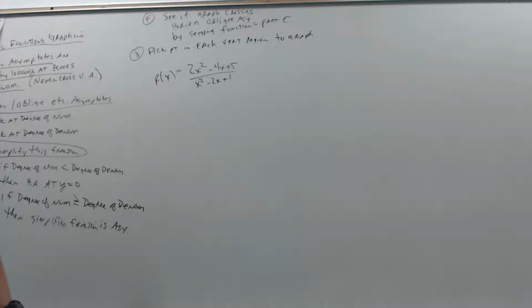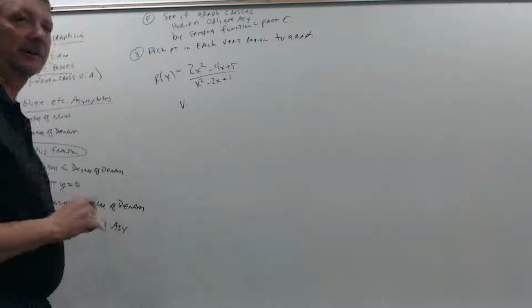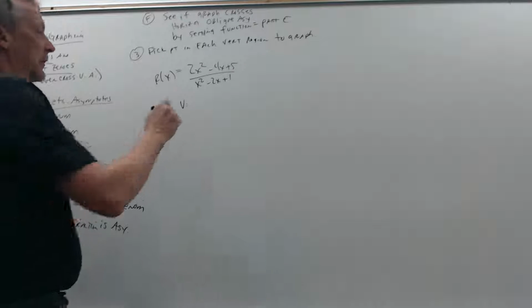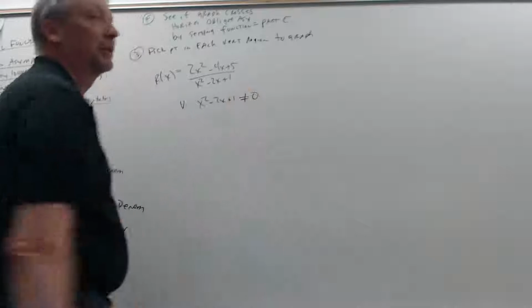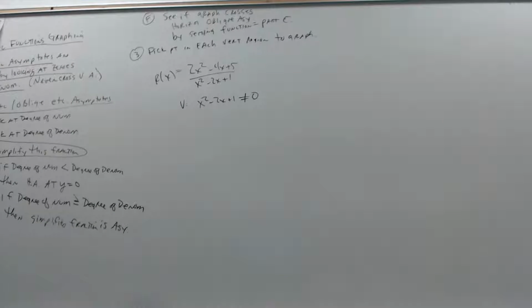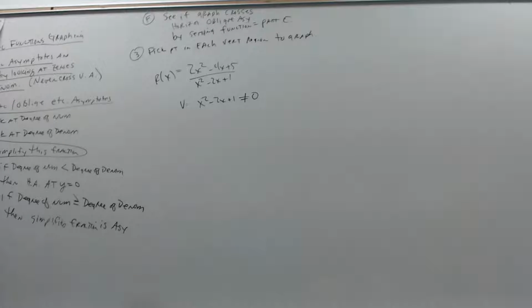Okay. So for the vertical, you have to find out what x can't equal because it's on the bottom. Correct. You set it equal to 0. So x squared minus 2x plus 1 cannot equal 0. Or do you want me to factor it? I want you to factor it. Okay.